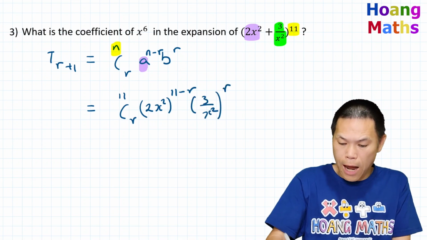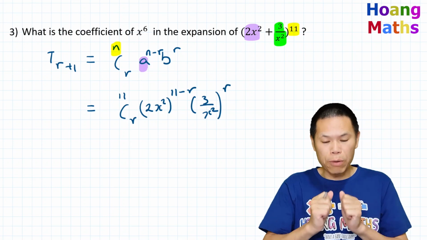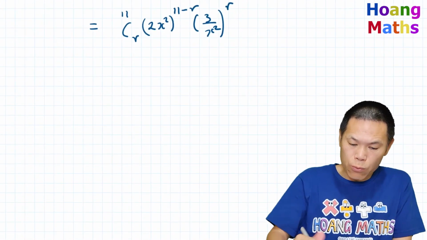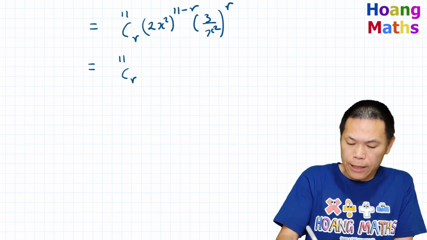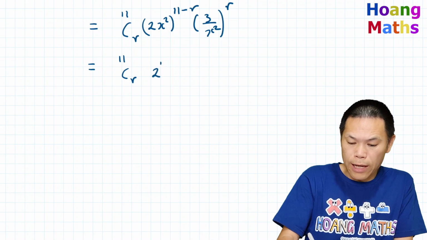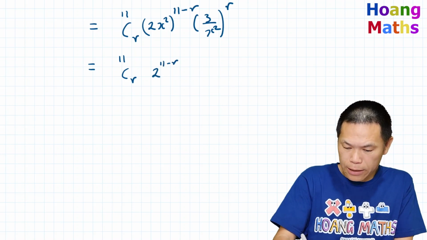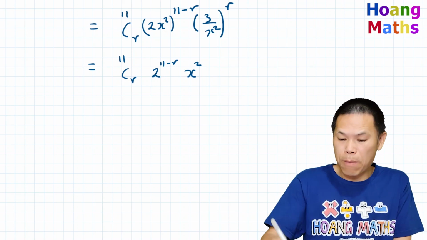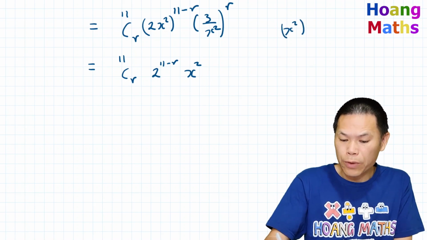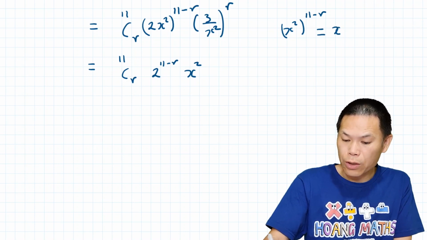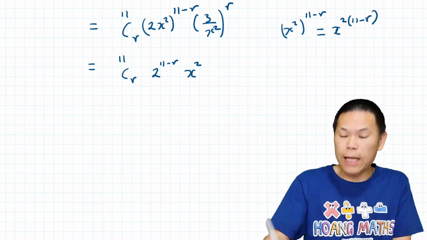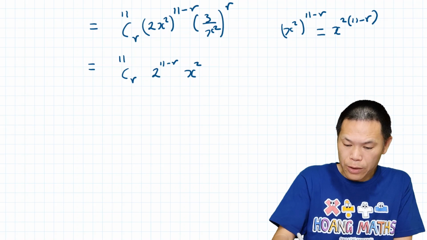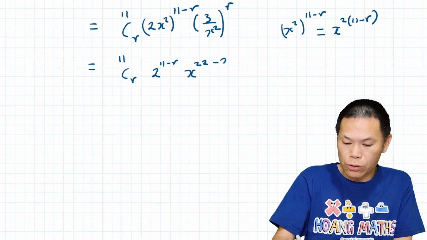So now let me simplify this a bit further. That will give me 11 C R, and 2 power of 11 minus R, and x squared power of 11 minus R. Now remember, x squared power of 11 minus R is exactly the same as x to 22 minus 2R.